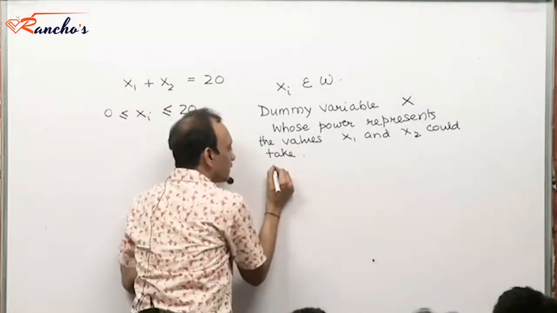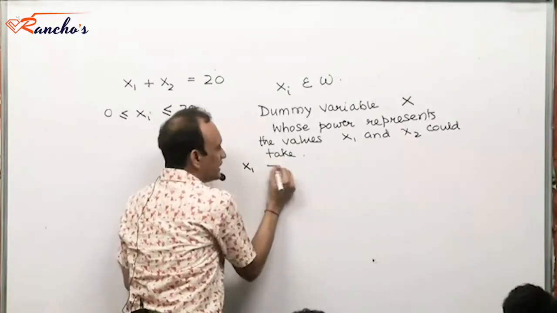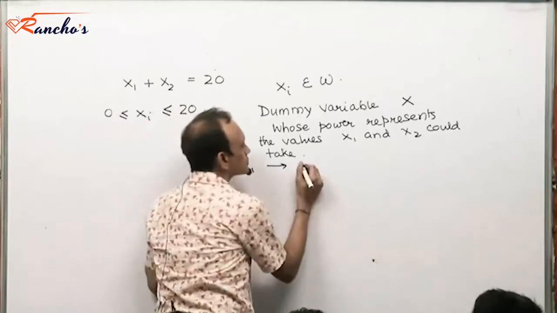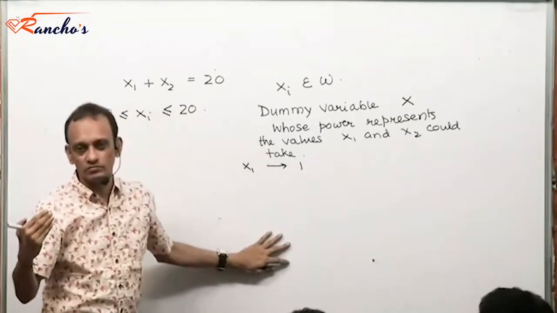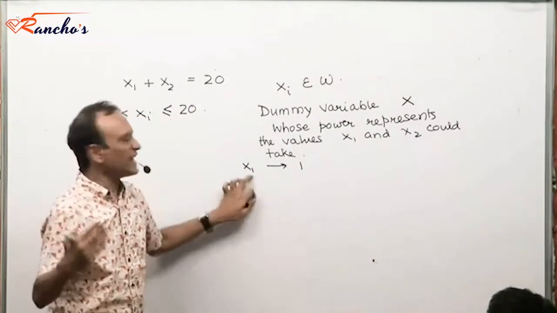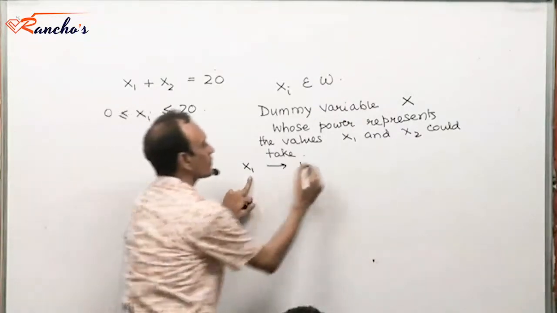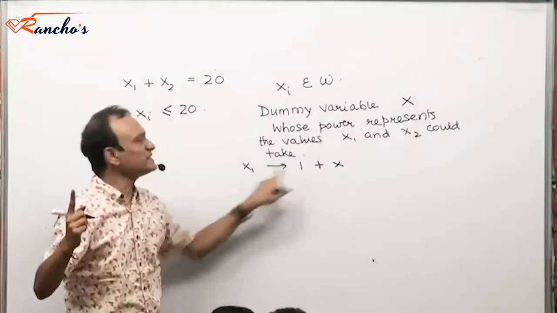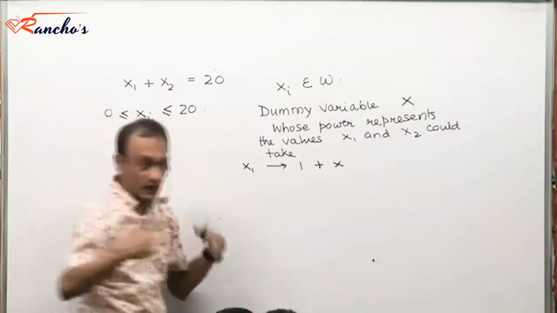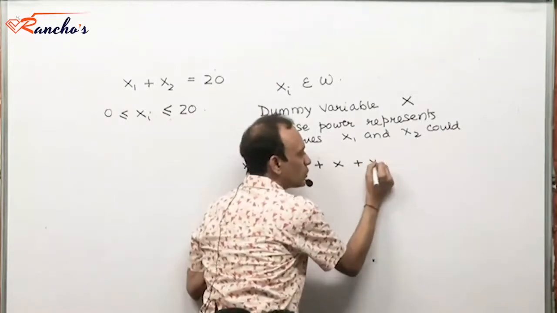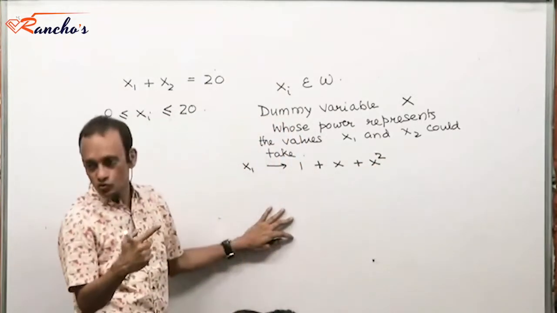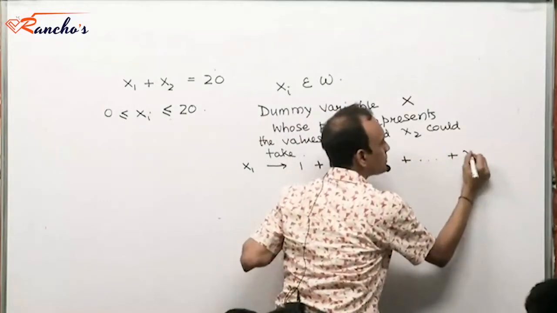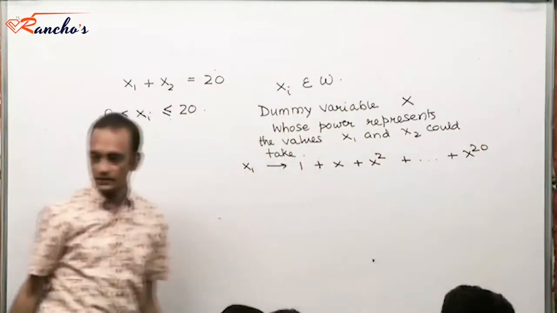So, say for x1, I define an expression 1, which is like x power 0, which means x1 is 0, plus x. The power is 1, that means x1 is 1 here. Please try and understand this. x square, that means x1 is 2. x to power 20, that means x1 is 20.